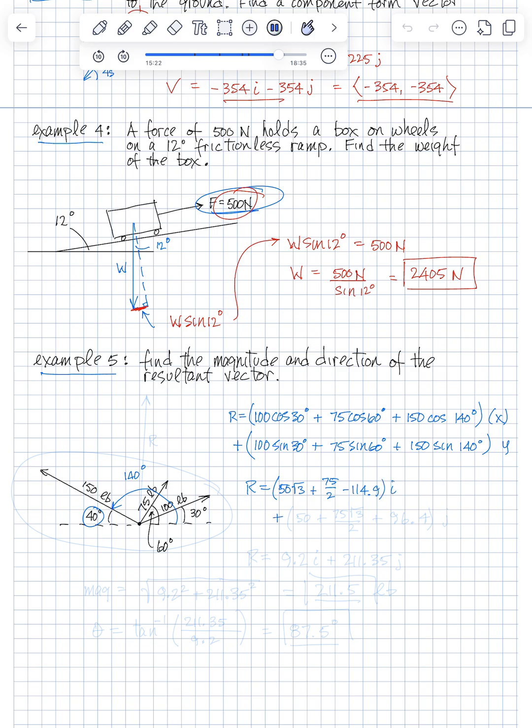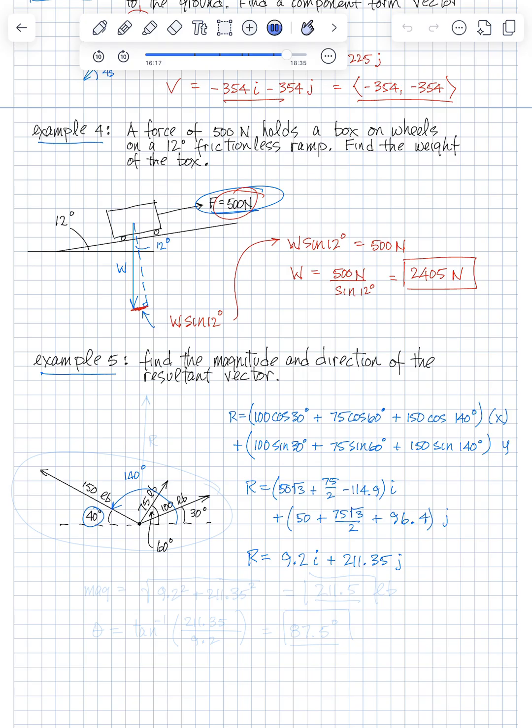Then plus, we have 100 sine 30, which is 50, and 75 sine 60 is 75 square root of 3 over 2, and 150 sine 140 is 96.4, and that's j. So now we're going to add up all of the individual i and j. So that turns out to be R equals 9.2i plus 211.35j. So this is our vector R.